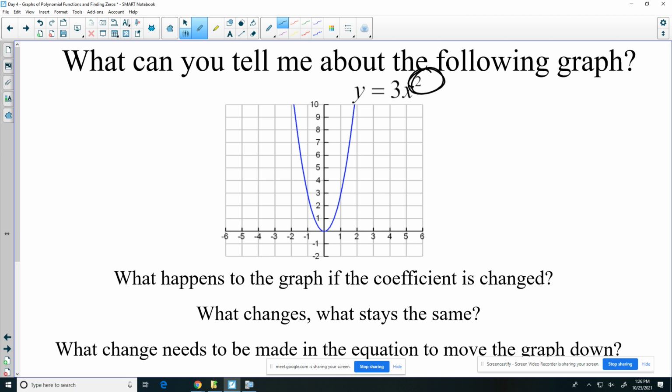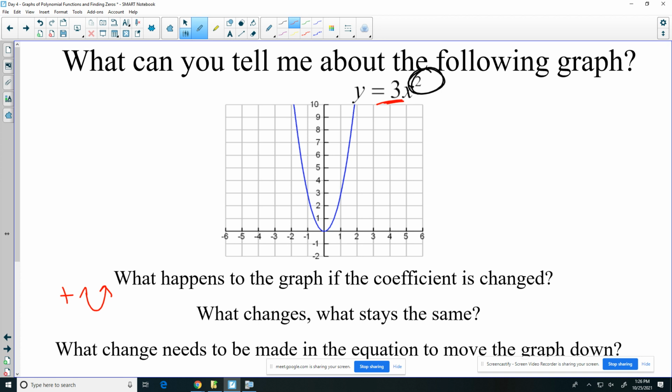Okay? So before we do that, let's do a quick reminder of what the coefficient does to my graph. Remember, the coefficient is the number in front of x squared. What does that do to my graph? It determines if it's going up or down. Correct. If it's positive, it opens up.